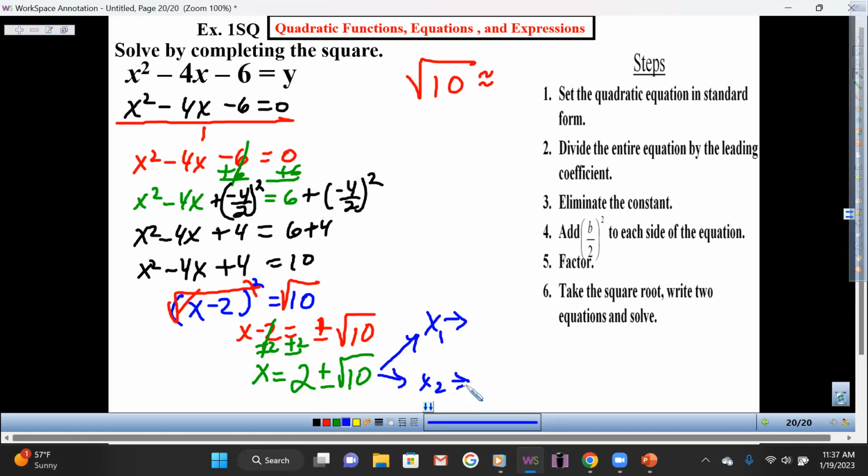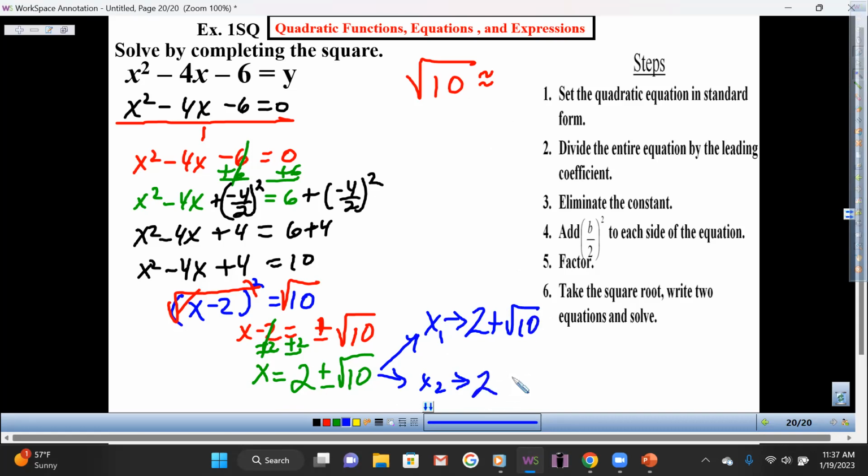All right. So first equation, Zoe, what would I write? All right. Help her out, please, Juan. 2 plus square root of 10.